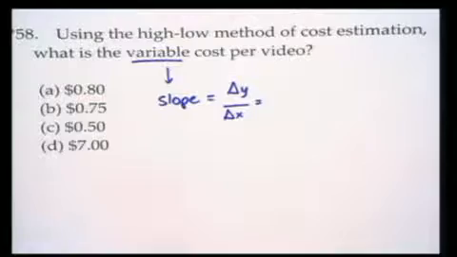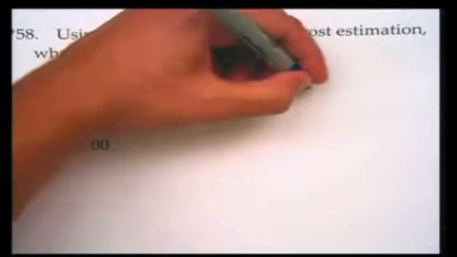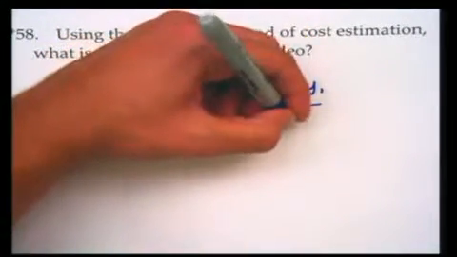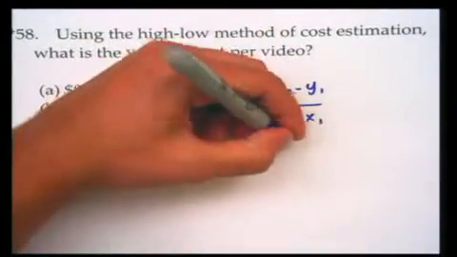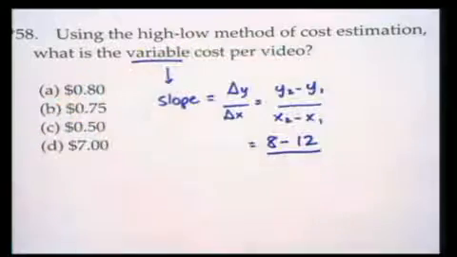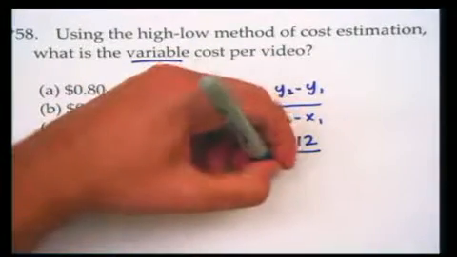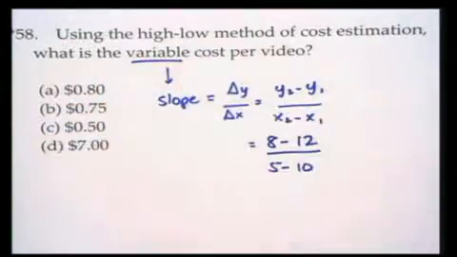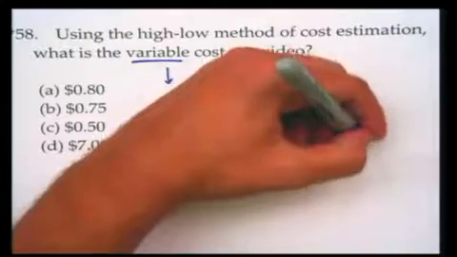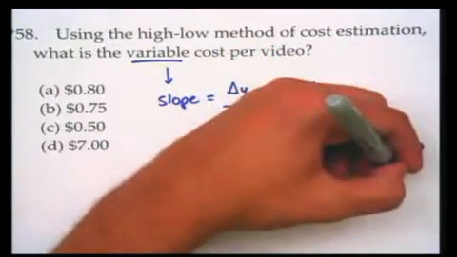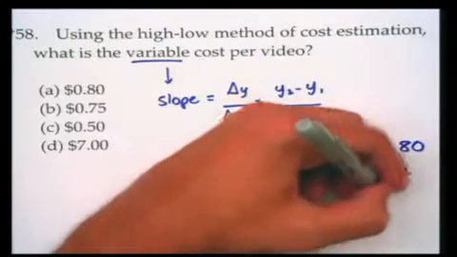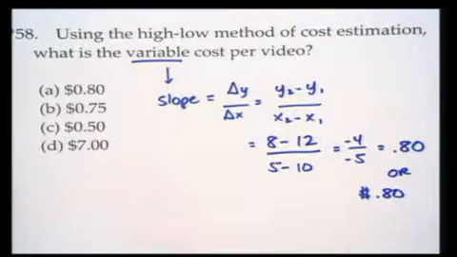I'll just do it to be consistent as y2 minus y1 over x2 minus x1. y2 is 8 minus y1 is 12 over x2 is what? Good. 5 minus x1 is 10. So what does that give us? If we do 8 minus 12, that gives us negative 4 over negative 5, which gives you a positive 0.8. Or in essence, our variable cost per unit is 80 cents.